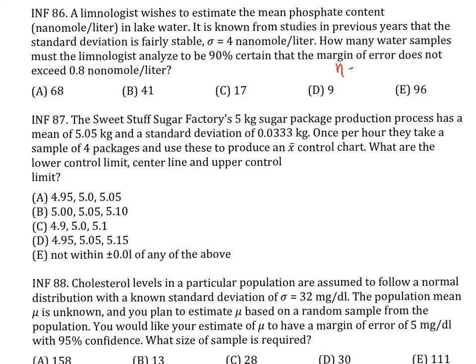So N would be 1.645 times the given standard deviation of 4 divided by m, which is 0.8, and we square that whole thing, and we should get the answer of 67.65, which you round all the way up to 68. So the answer is A.